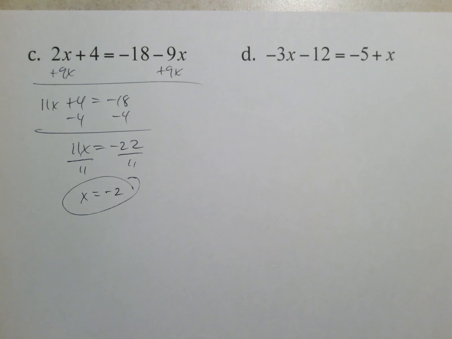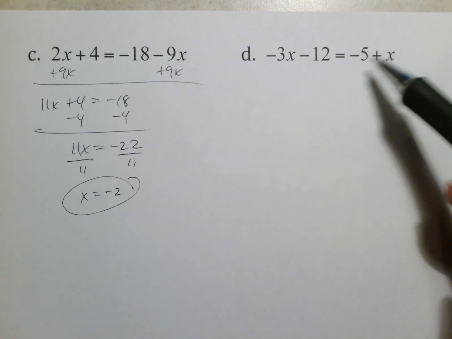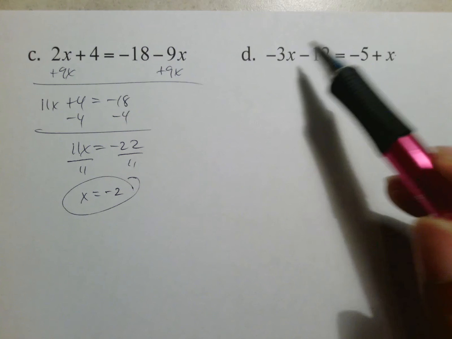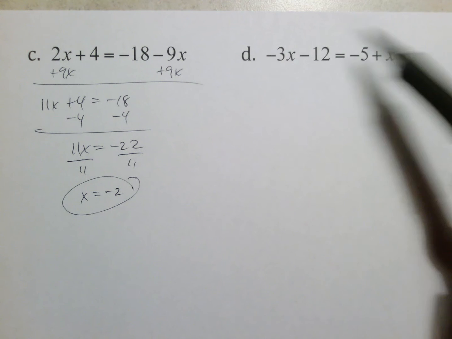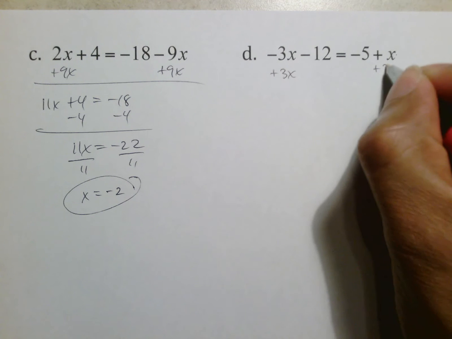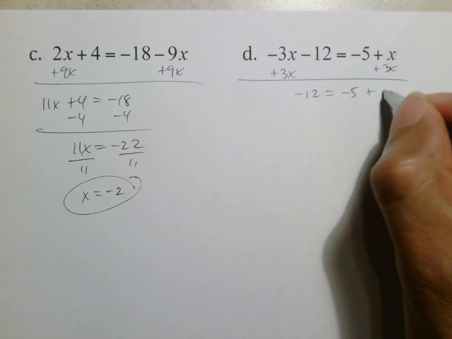And then the last one, again, looking at this, negative 3x minus 12 equals negative 5 plus x. That looks like a 1 and a 3, so you'd want to probably move the 1, but think about it again, that is a negative 3 and a positive 1. It makes more sense to move the 3. So let's add 3x to both sides, getting negative 12 equals negative 5 plus 4x.